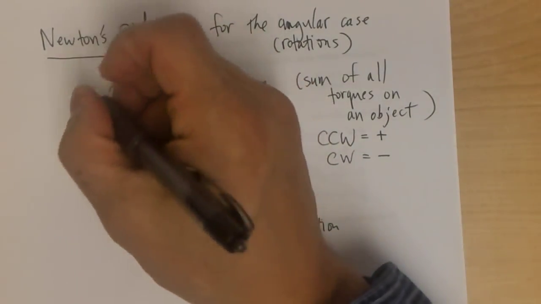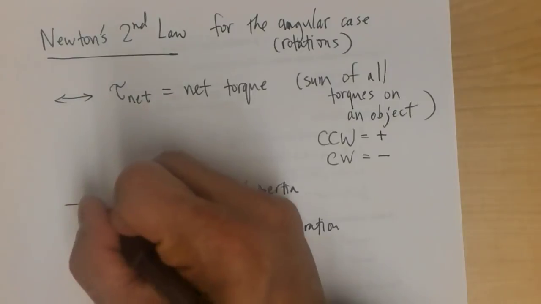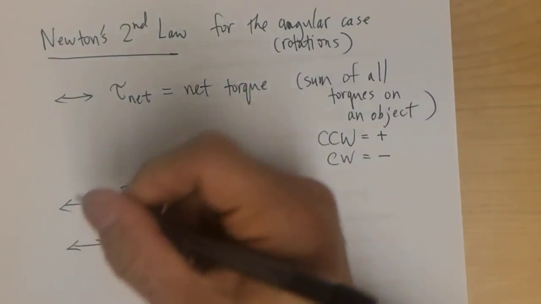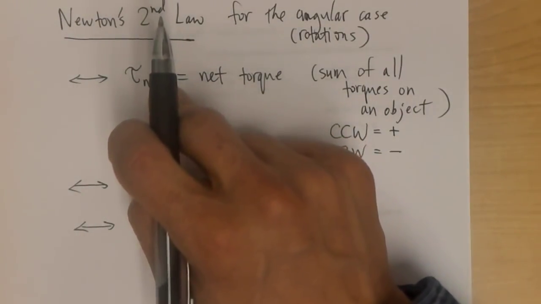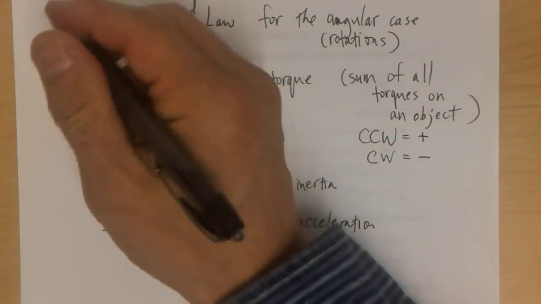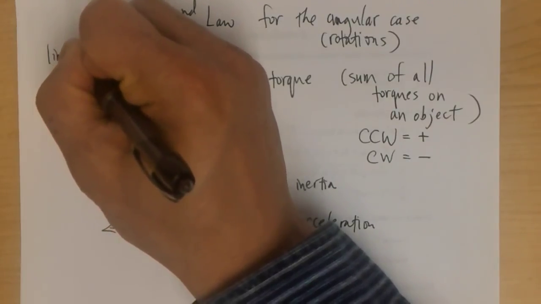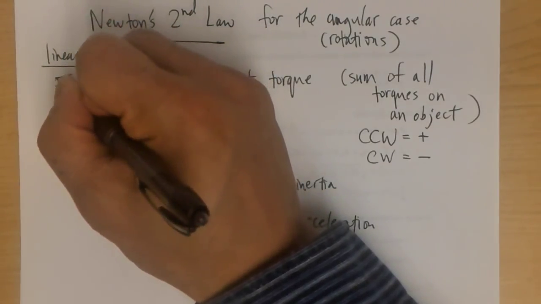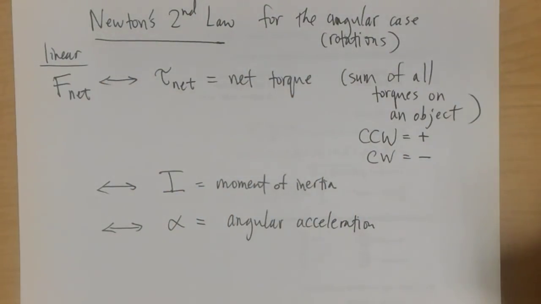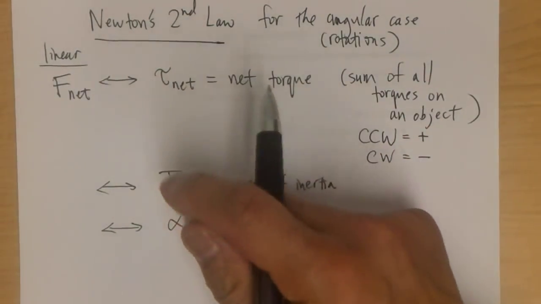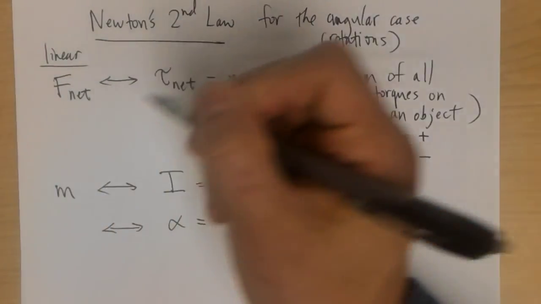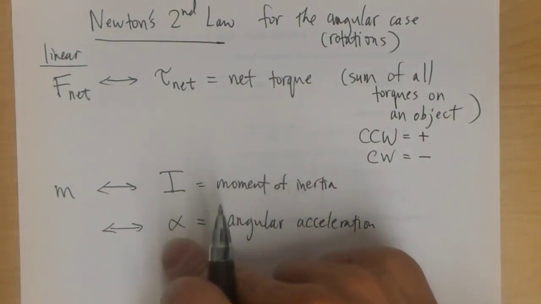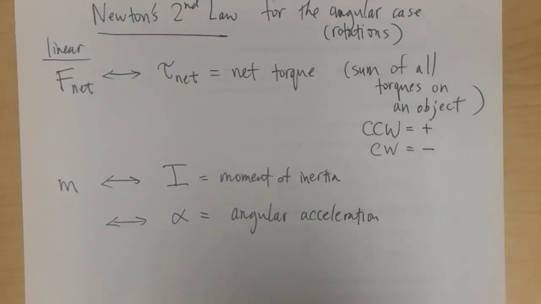Now let's recall what these analogs are in the linear case. For rotations, tau net is the net torque. The linear analog would be F net, the net force. What is the linear analog of moment of inertia? That corresponds with mass, m. What is the linear analog of angular acceleration?